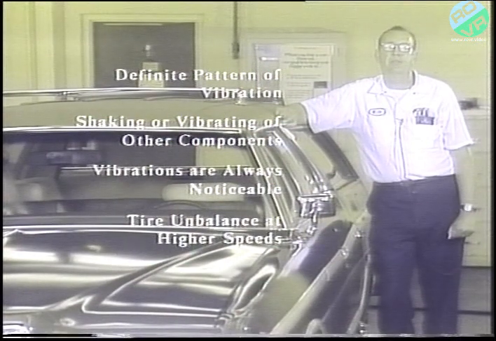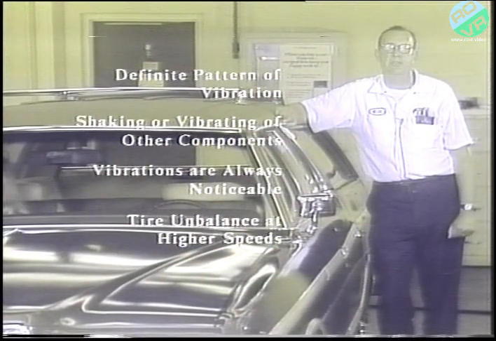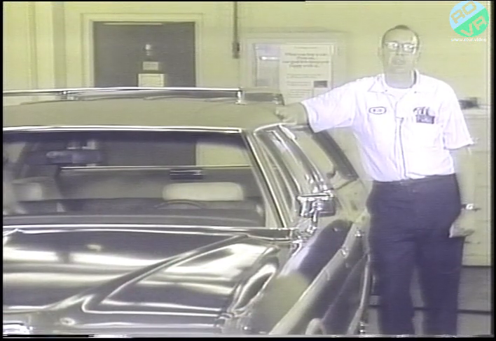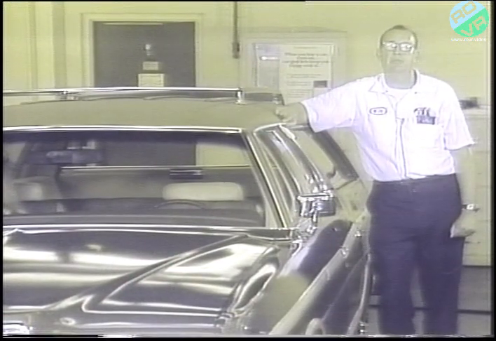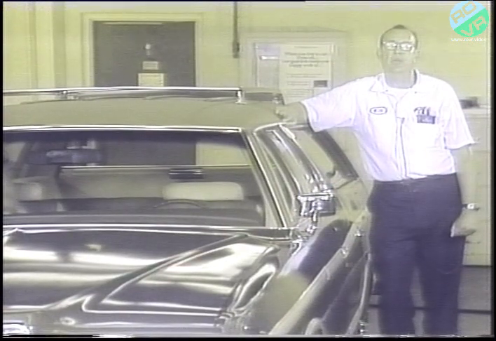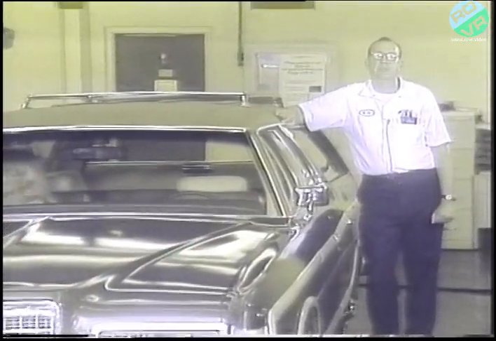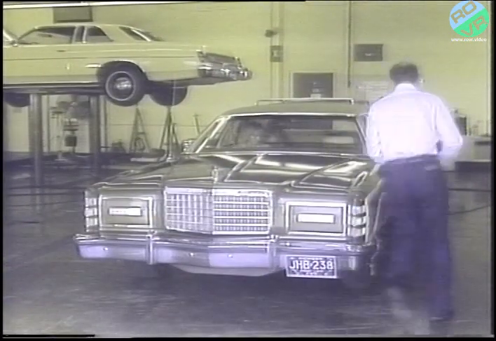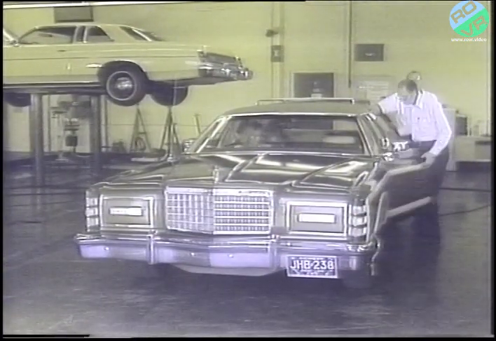Some tire unbalance may be a problem at higher speeds. Your job is to determine if the NVH problem is actually caused by wheels and tires, by the driveline, or by the engine and its accessories. Proper road testing of the vehicle will help you find and isolate the exact cause.